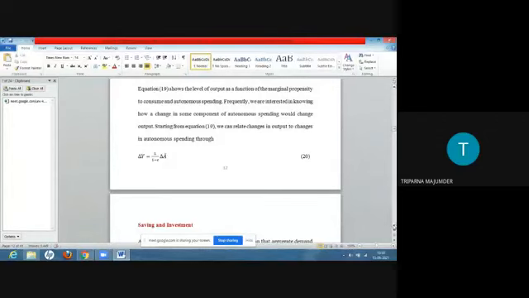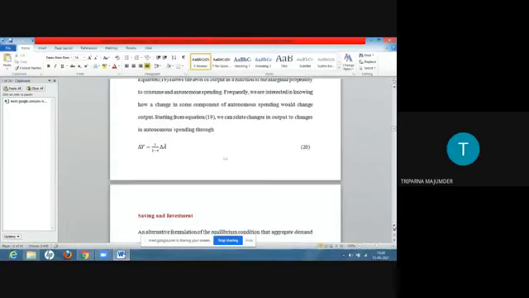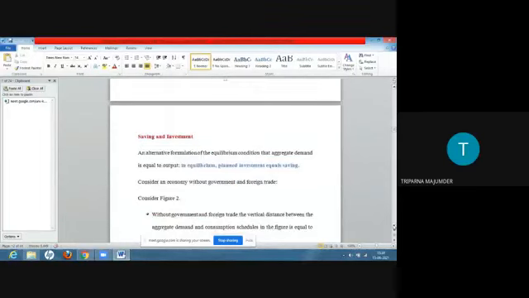Now we try to say that this equilibrium can be obtained by equating both savings and investment. That is, we were equating Y to aggregate demand to get the equilibrium income.